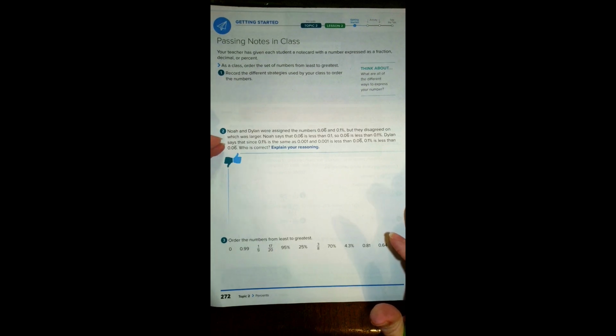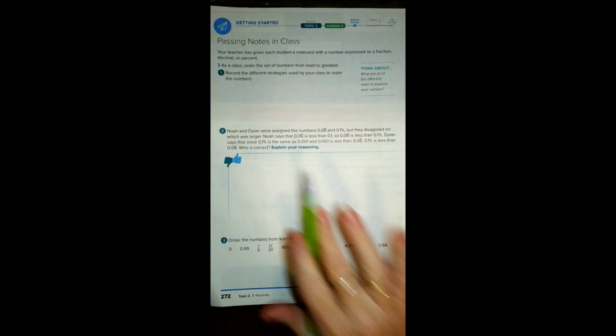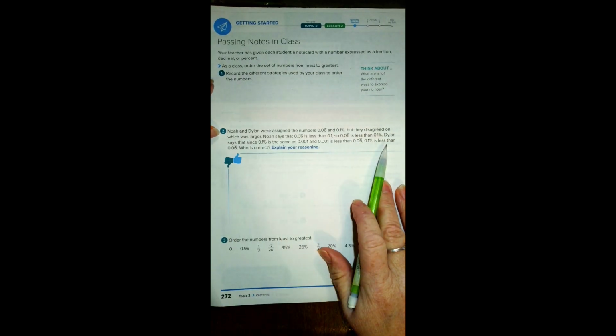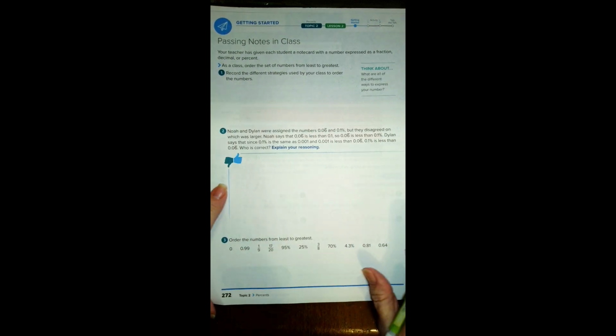That is something that gets handed out in class. It's not in the book, so we're going to talk about this part of it right here. These numbers are part of the lesson, so we're going to address number 2 here. Number 1 says, as a class, order the set of numbers from least to greatest, and we're going to talk about the different strategies that people use. So we're going to move on to number 2.